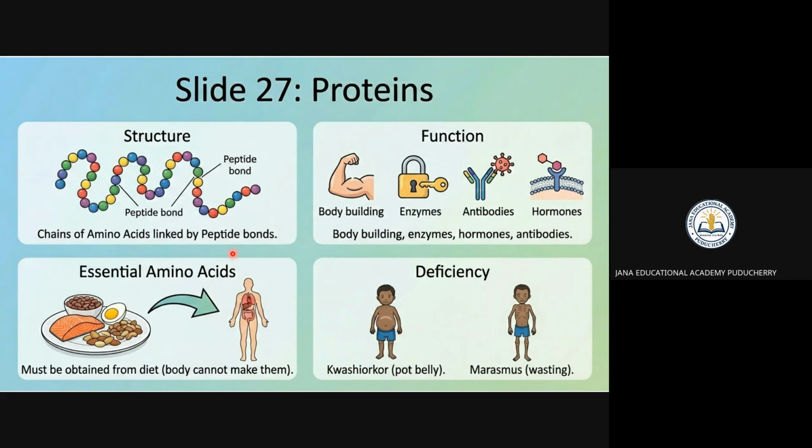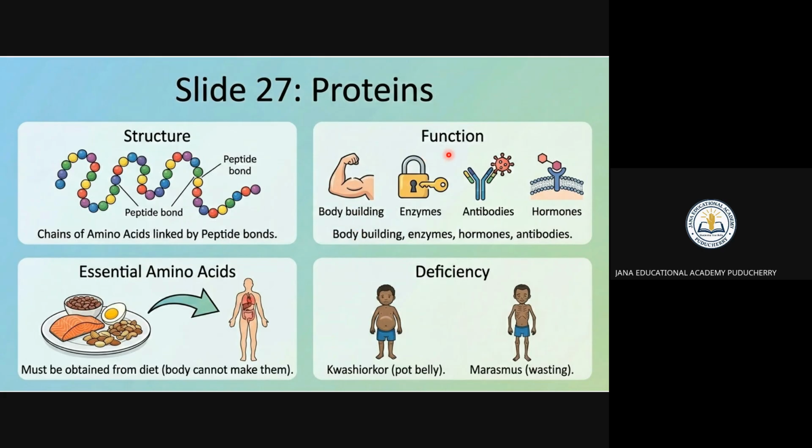What is protein? Protein is nothing but a chain of amino acids linked by peptide bonds, right? Maybe it is asked what is meant by proteins. What is the function, right? You can see in the gym, they are using different pastes, different foods for bodybuilding.